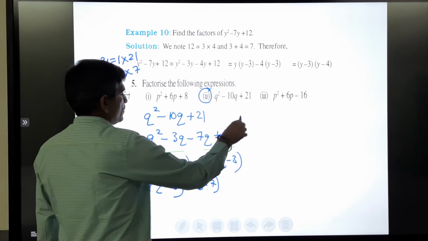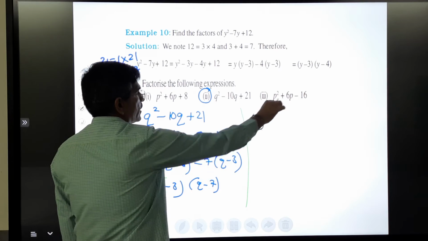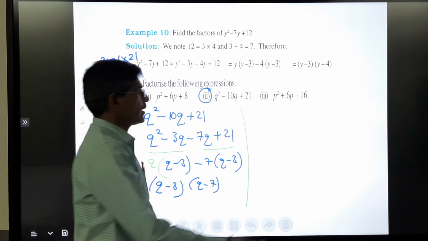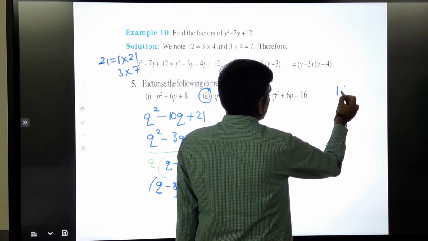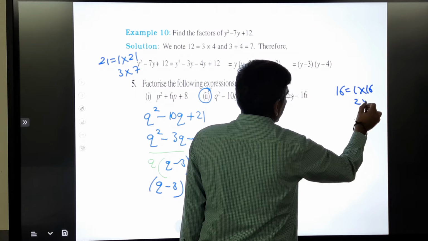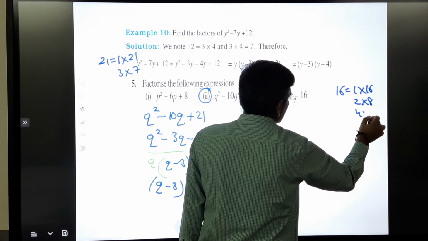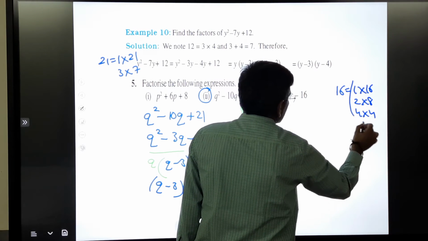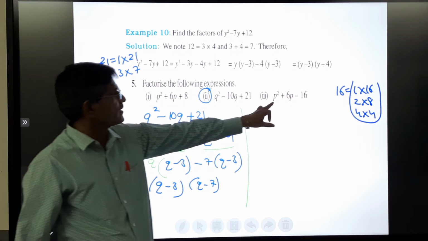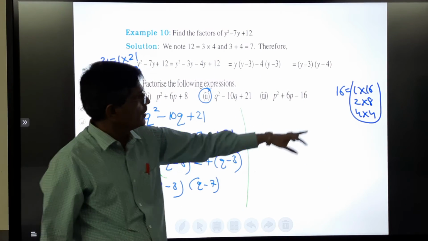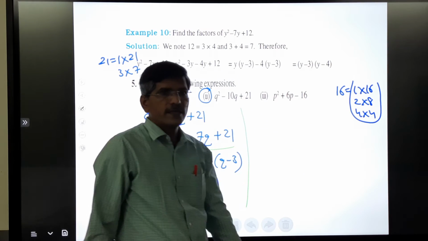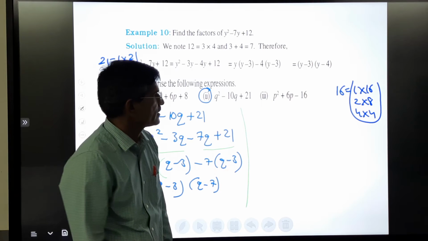One more sum that we have also completed here, that is p square plus 6p minus 16. Again I have to write the factors of 16, that is 1 into 16, 2 into 8 and 4 into 4. So these are the basket factors. Out of these I have to select to get 6. So the second pair is possible, 8 into 2, 16, 8 minus 2, that is 6.